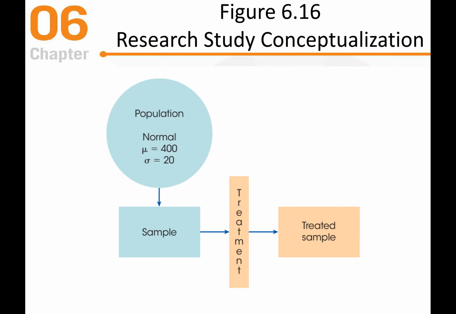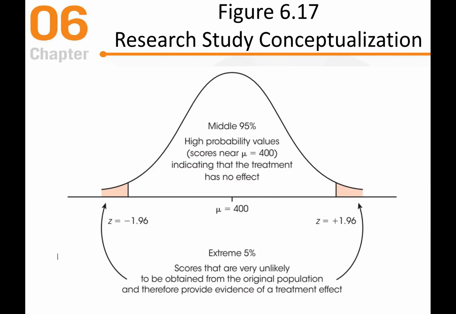So let's look at this a different way. In a research study, we are going to say that the middle 95% of the distribution are high probability values.